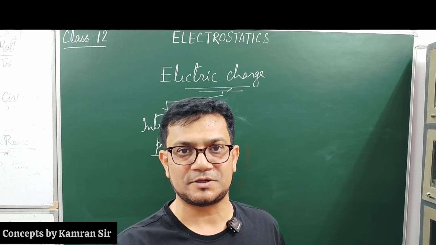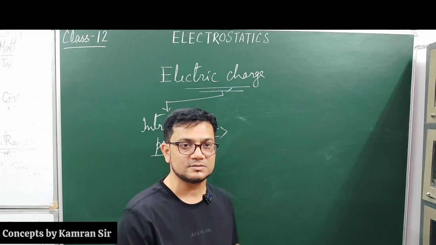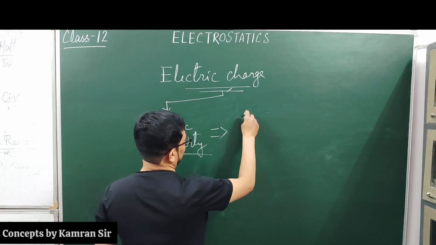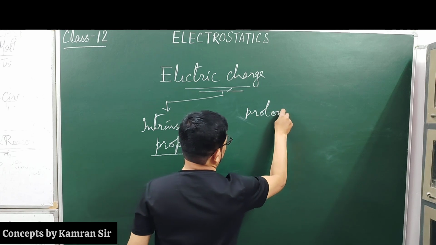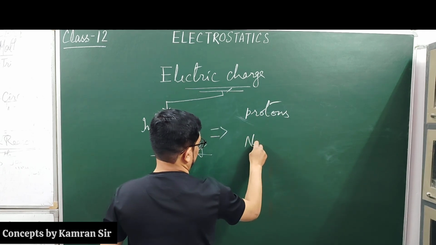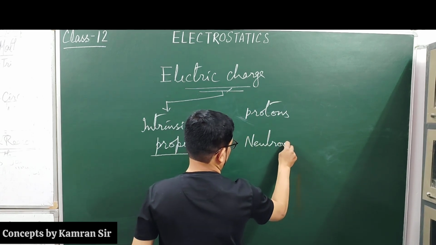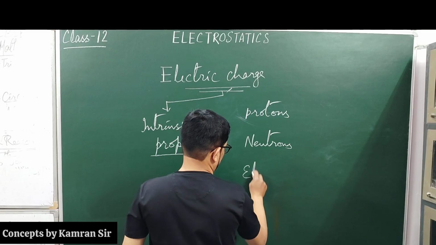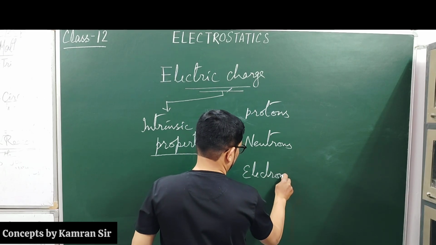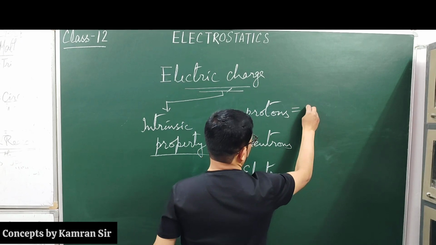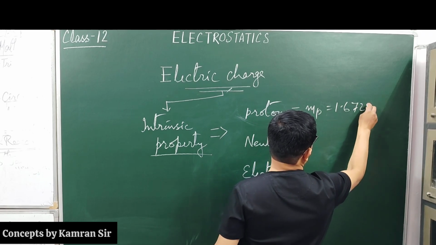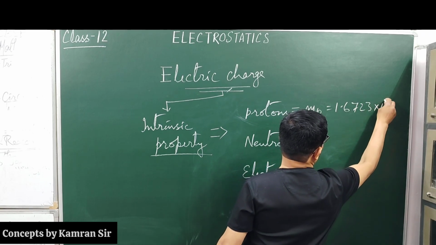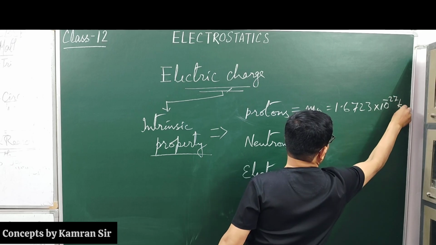which at the atomic level are famously known as protons, neutrons, electrons. All right? And we know the mass of a proton is 1.6723 times 10 raised to the power minus 27 kg.